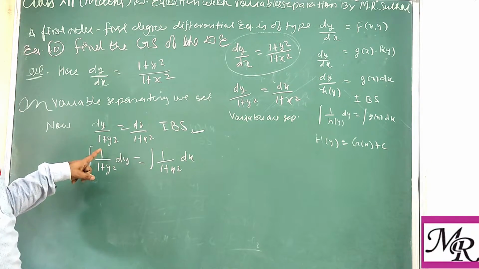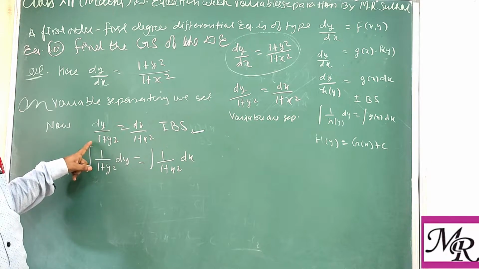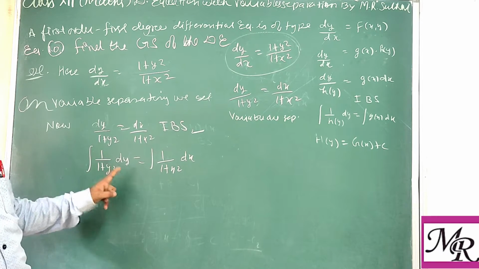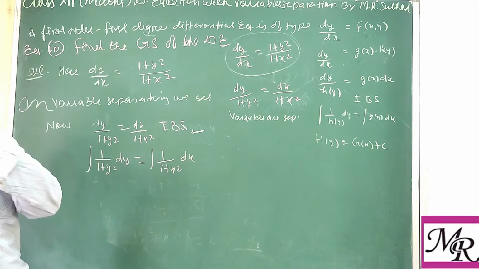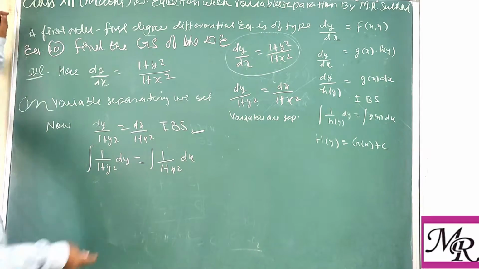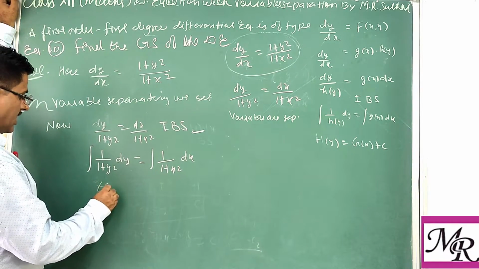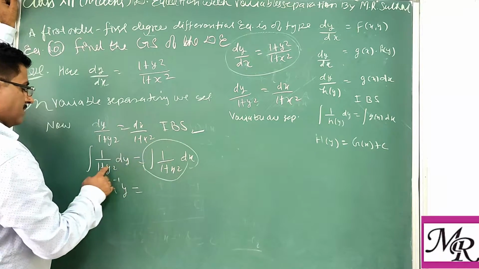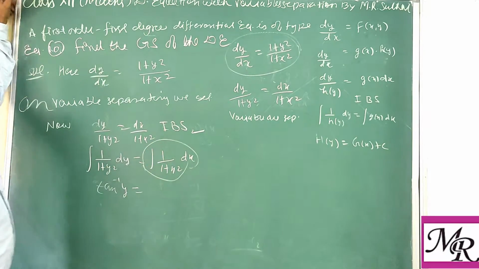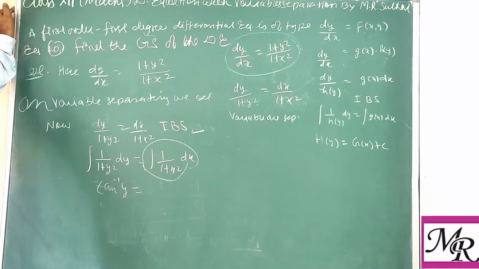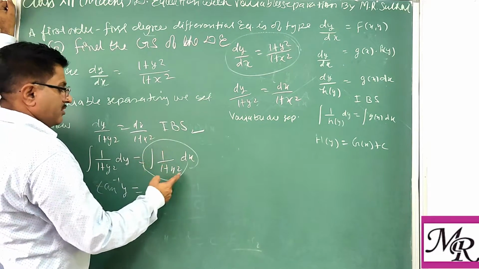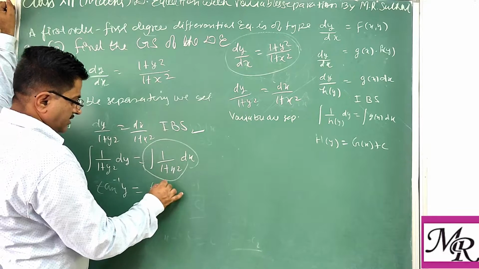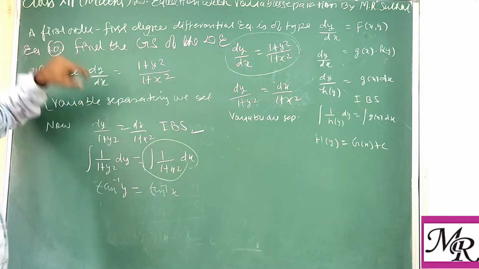So you know, dear student, the integration of 1 upon 1 plus y square is tan inverse y, where the variable is y. This is the same formula, only the variable has changed, and we know the variable is a dummy. So again, integration of 1 upon 1 plus x square is tan inverse x.